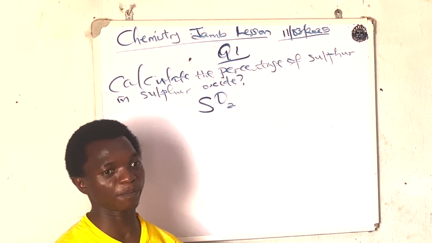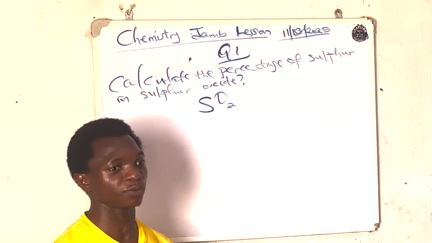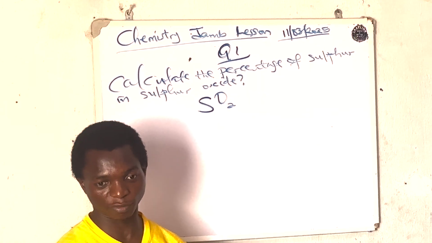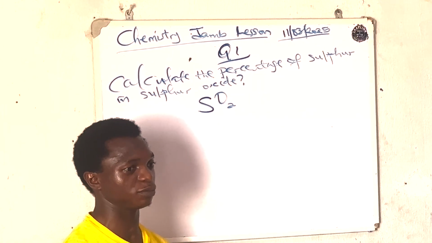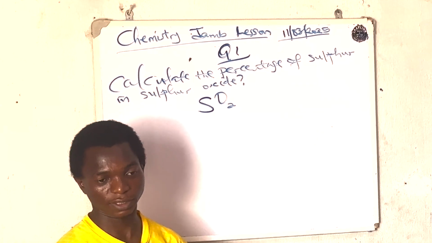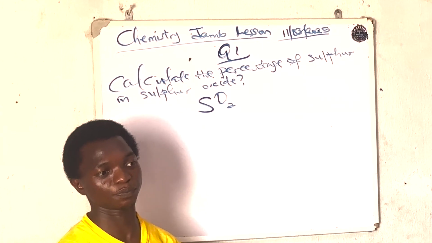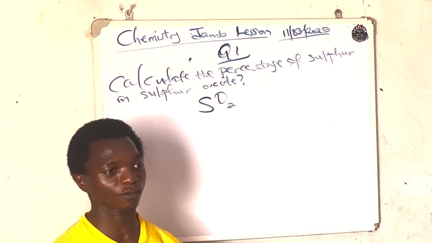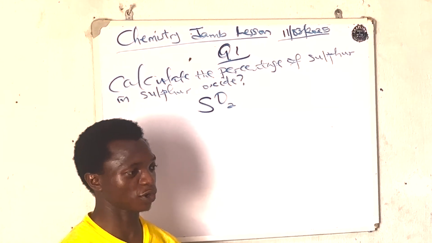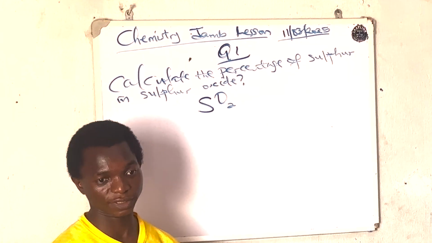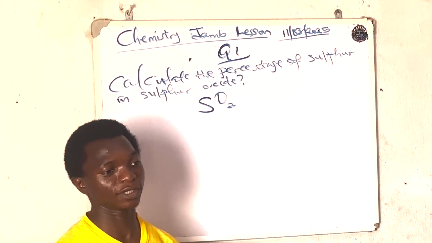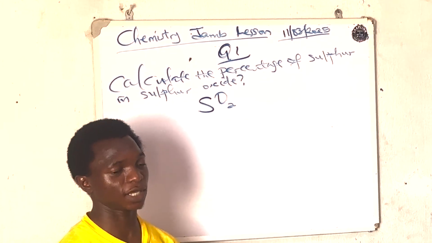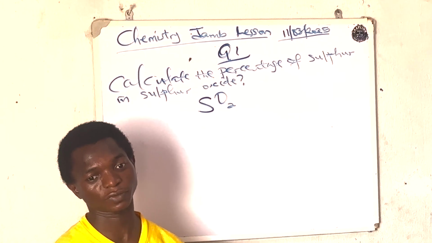Now, for you to find the percentage of sulfur is very simple. We must first remember the mass number of sulfur as well as that of oxygen. How do we determine the mass number of sulfur? Remember, sulfur is element number 16, which has the atomic mass of 32.